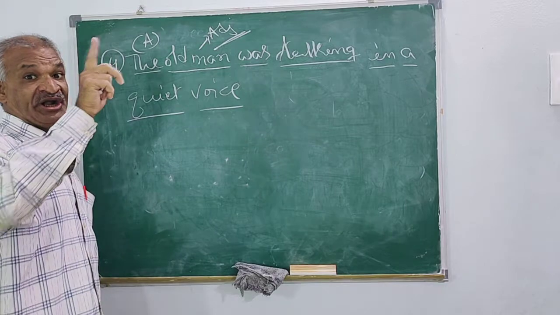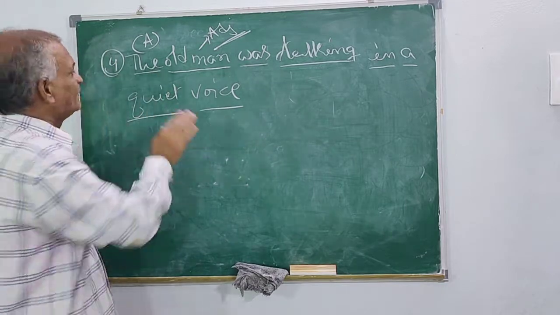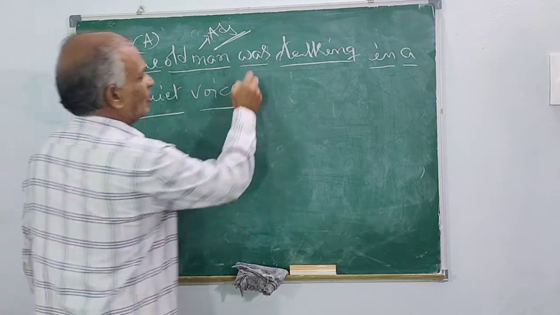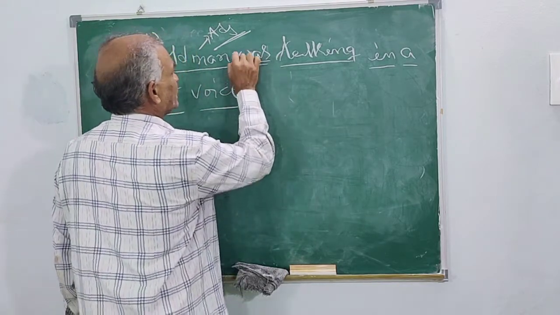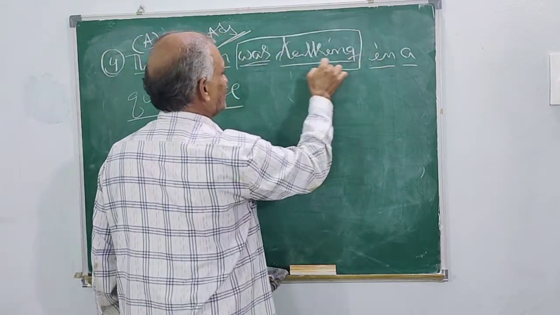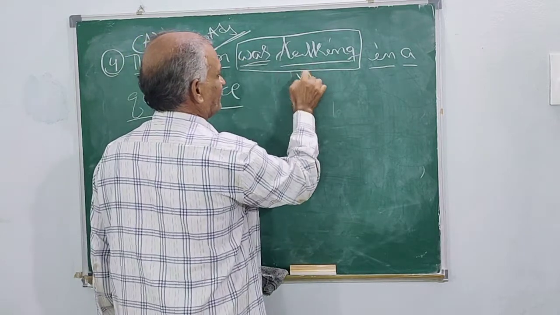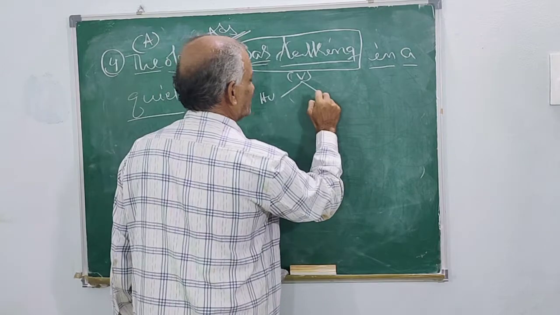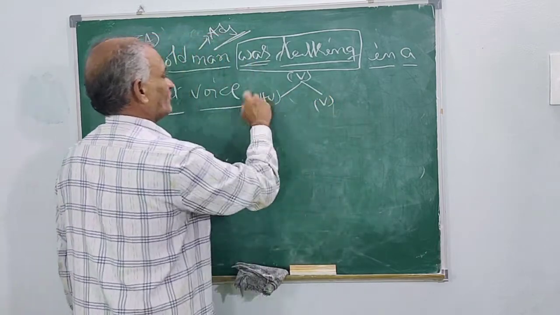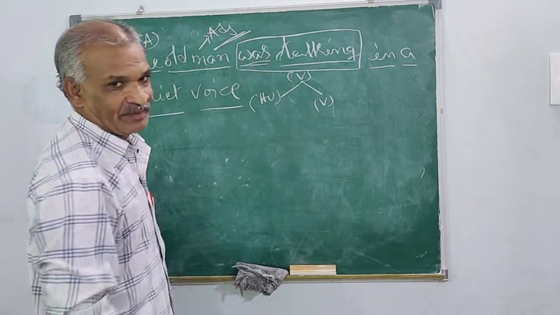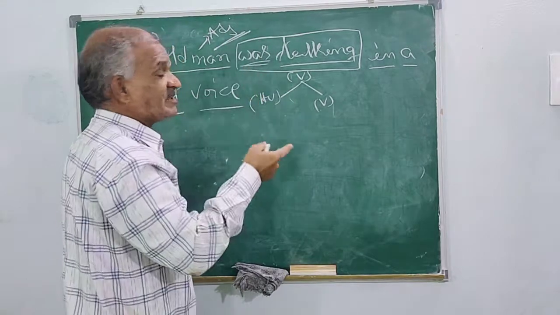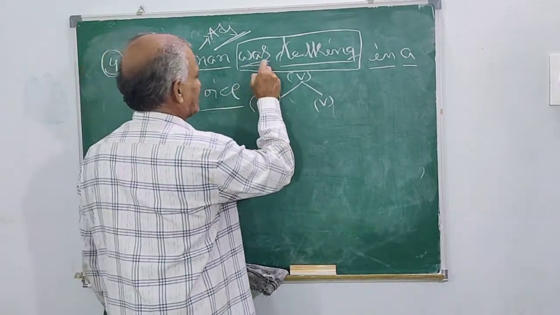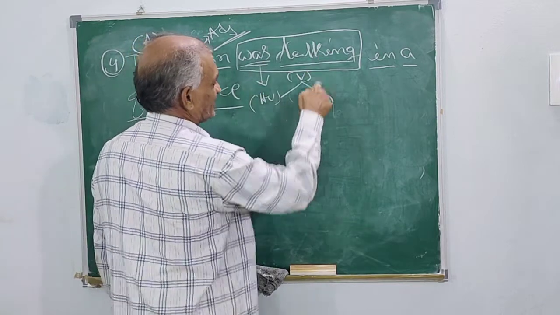That is a definite article, which we will discuss later. The article, old man adjective, was. This entire part is a verb. If it is subdivided into two parts, this is a helping verb and this is the main verb.